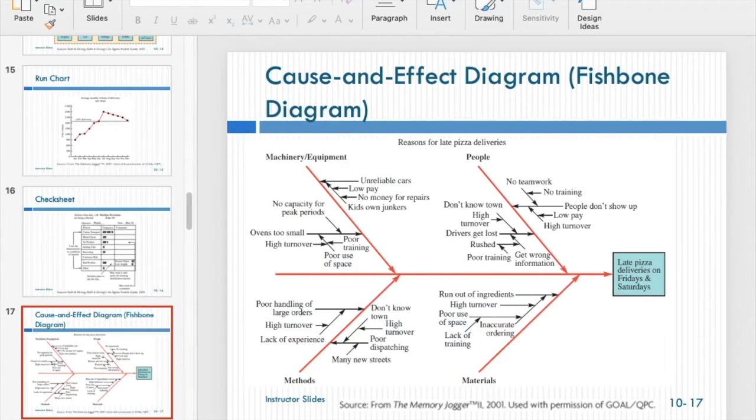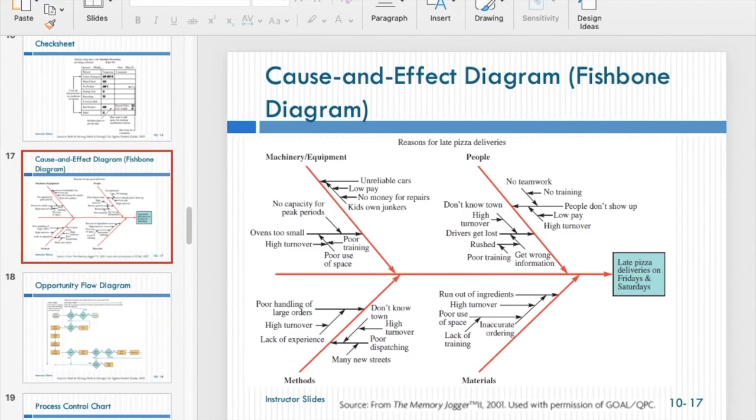It will also help you to figure out the underlying, fundamental reason of having defective products within this process. So that's why the cause and effect diagram is important, because it will help you to explore the basic and fundamental reasoning behind.